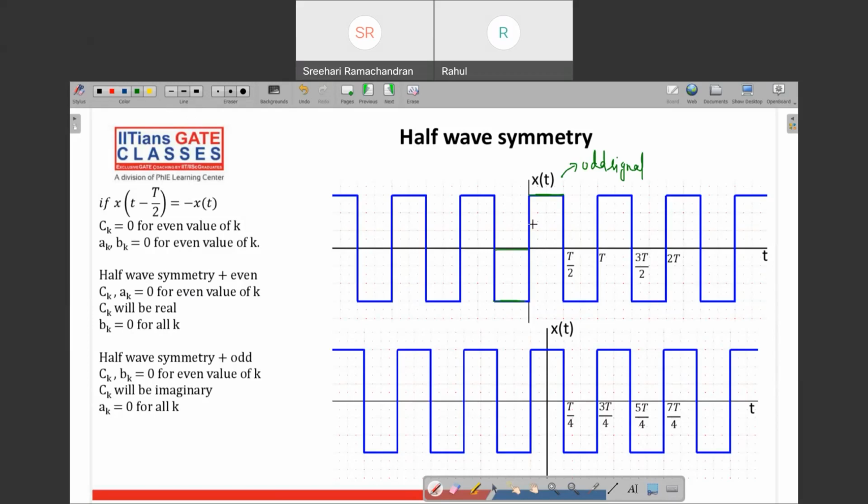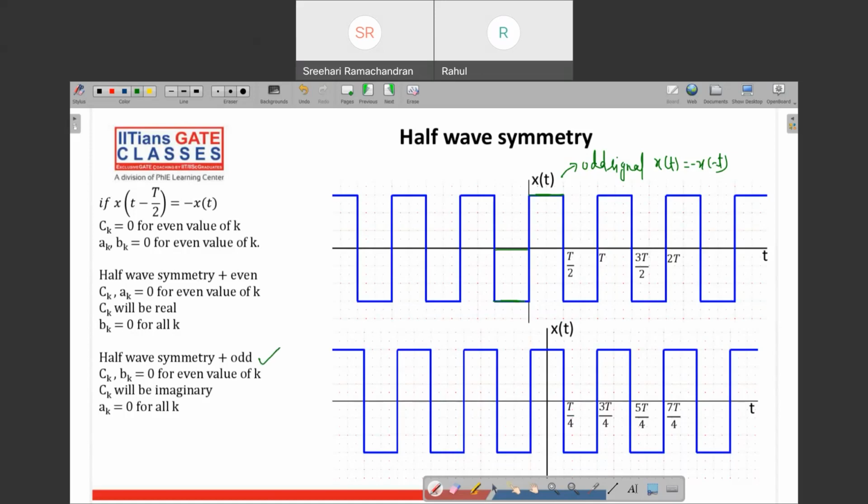So it is the odd signal, which means that it is satisfying x of t is equal to minus x of minus t. And if you see this signal carefully, this is satisfying the half wave symmetry also, because if you take this signal and shift it by half of the time period, it is going to become the negative of x of t. So this is satisfying the half wave symmetry plus odd.